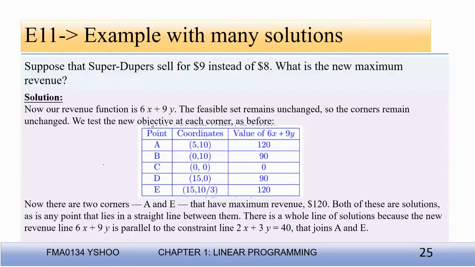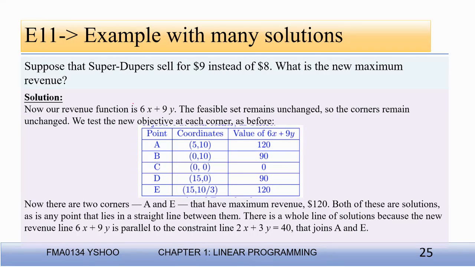Now, this is another example, with many solutions. The same question, but they just change the values. Let's say this is 9 ringgit and 8 ringgit. What is the maximum revenue? The corner points are not going to change.